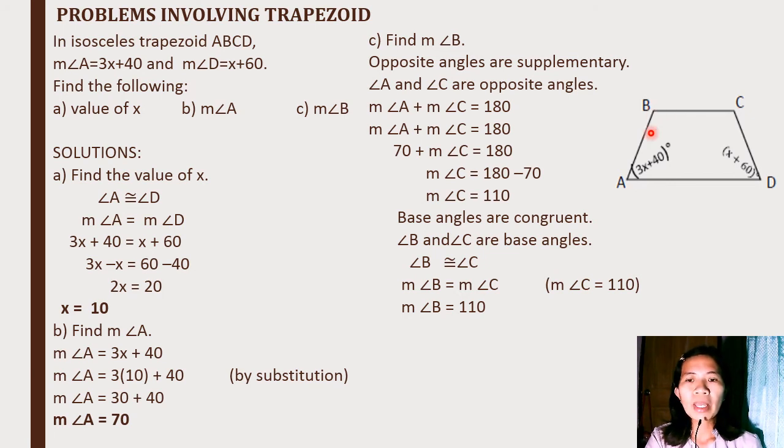By the way, angle A and angle D are base angles of this side, and angle B and angle C are base angles of this side. In a trapezoid, we have two bases. Segment AD is a base, and segment BC is also a base.